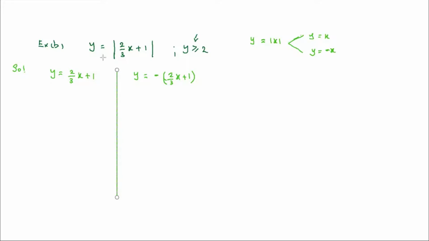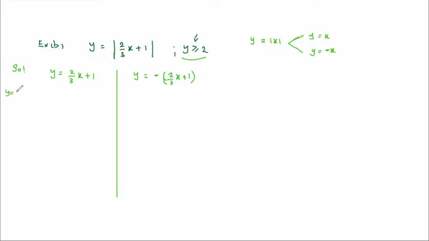Now we start to calculate this. Because the question gives the condition that y must be greater than or equal to 2, we start from y equal to 2, represented in these two equations.